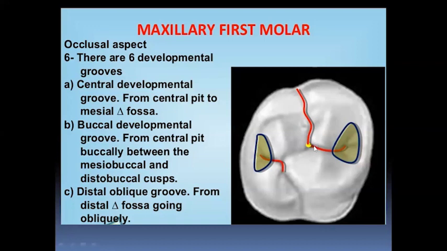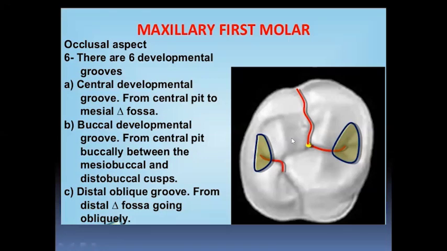This is the central developmental groove. This is the buccal developmental groove, from the central pit buccally between the mesiobuccal and distobuccal cusps.